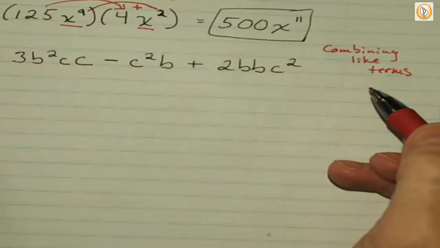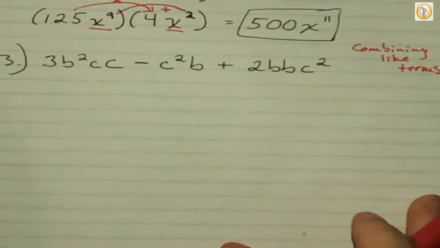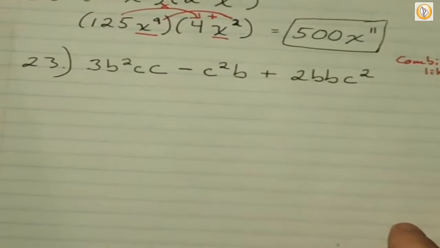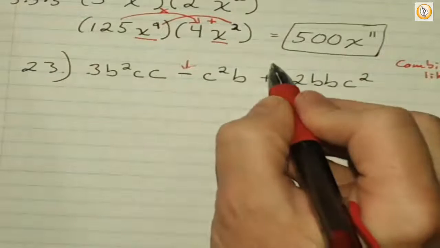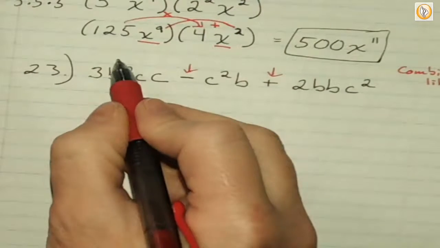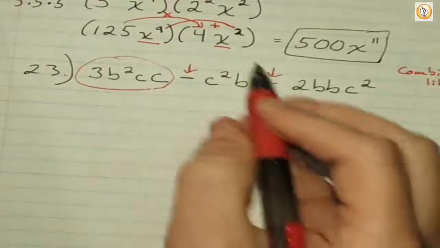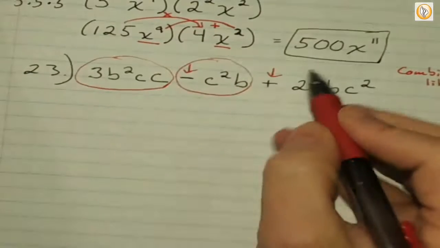Taylor? Can I do this one? Sure. Can you handle it? Yes. All right, we're combining like terms. First of all, we're going to look at this. Notice that there's a subtraction and an addition sign. Pay very close attention. This is one group. This is one group.